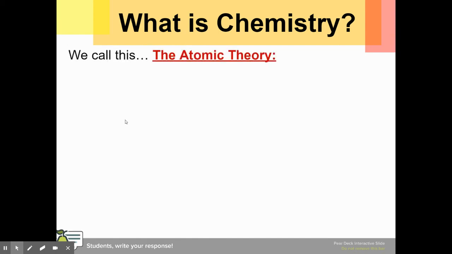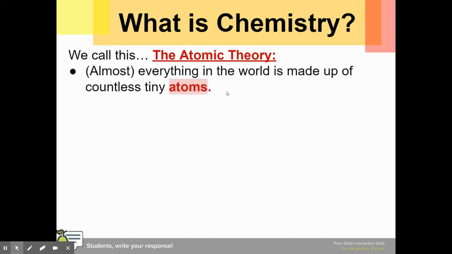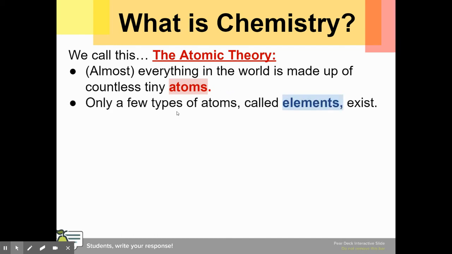And so the thing I described to you is called atomic theory, okay? Almost everything in the world is made up of countless tiny atoms. There's only a few types of atoms that exist, and we call them elements. Okay, so for example, gold is an element, carbon is an element, oxygen, nitrogen.